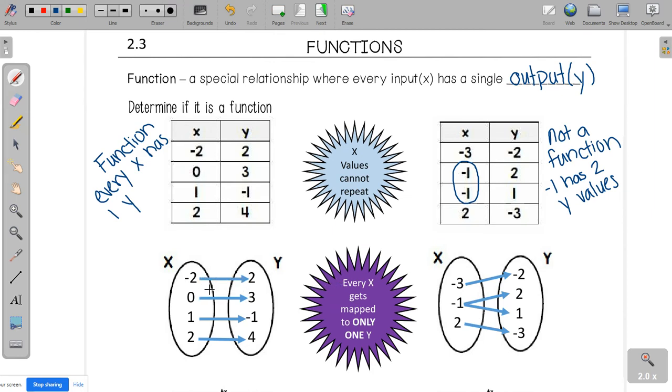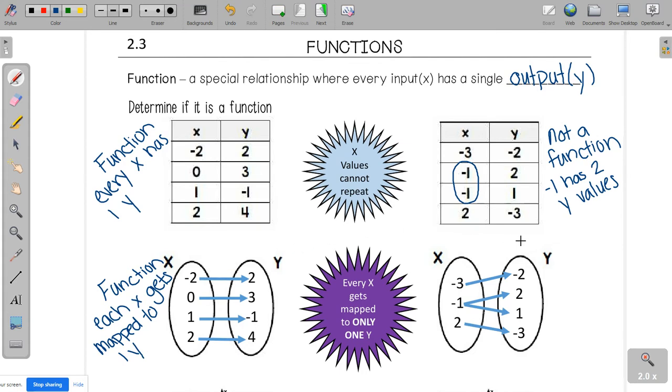So this mapping diagram shows that every x gets mapped to one y. So that makes this a function. Each x gets mapped to one y.